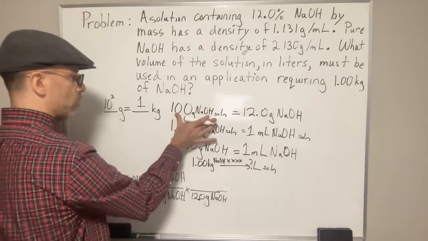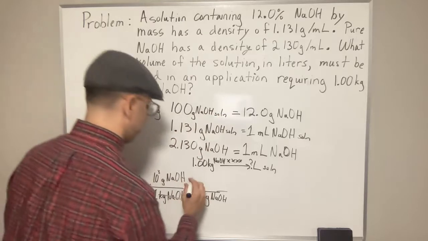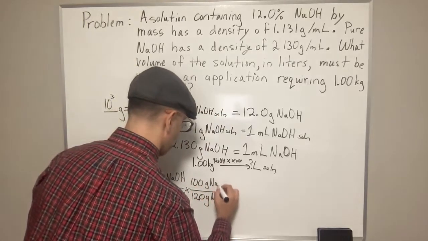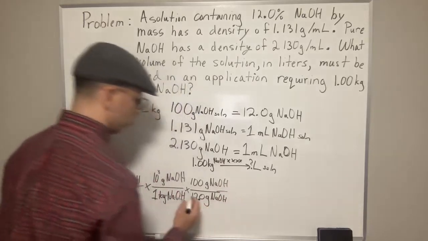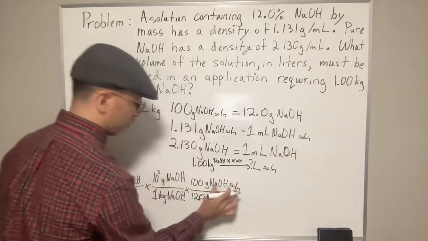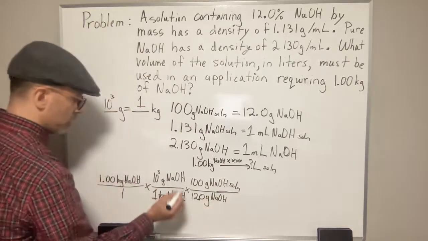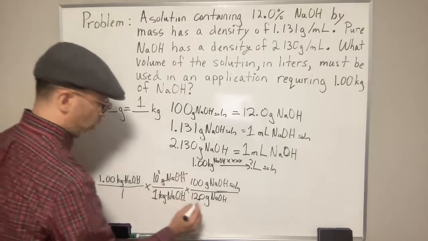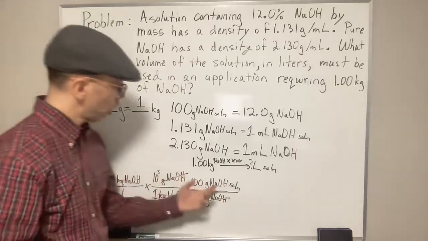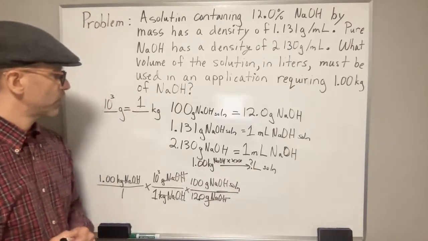And the other side goes on top. So I'm going to put 100 grams of NaOH solution on top. I need to write solution because the solution is different from the NaOH. So now grams of NaOH cancel out. Now I have grams of NaOH solution. So now what's next? I need to get to liters of solution.